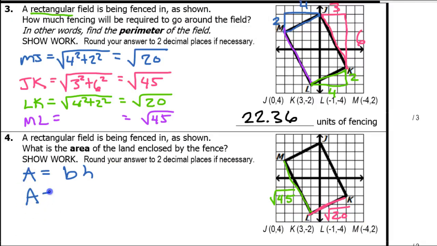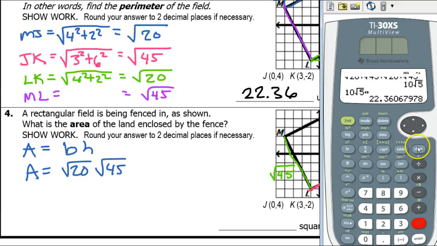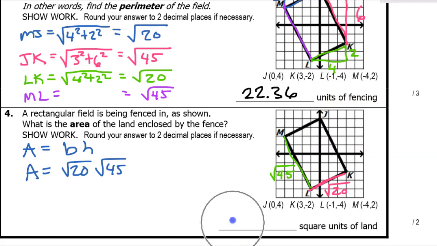So the area should be radical 20 times radical 45. So that comes out to be 30. So the area is 30.